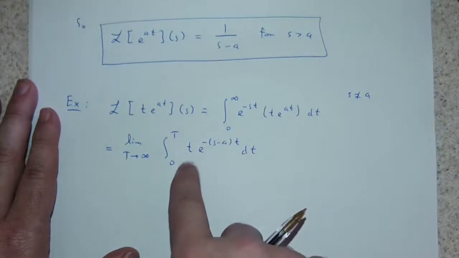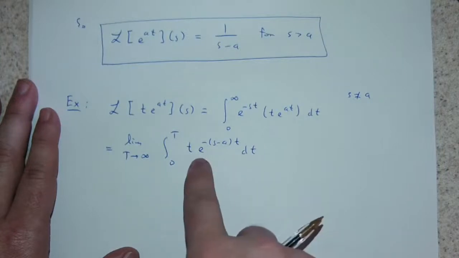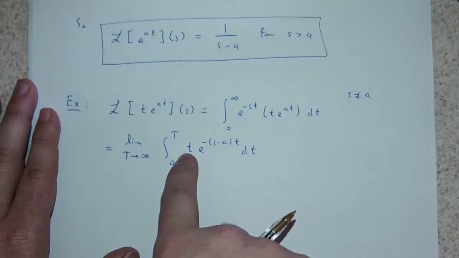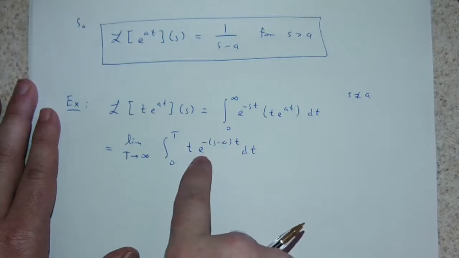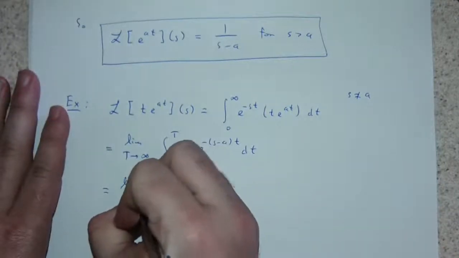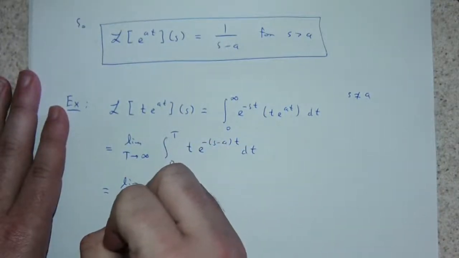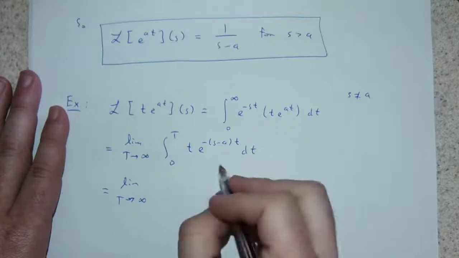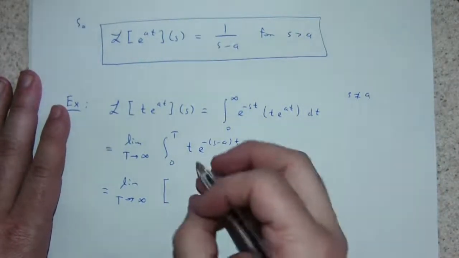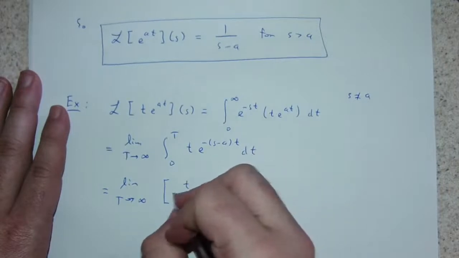So if I write this as uv minus the integral of v du, du is going to be just dt because u is t. And so what I'm going to get here is the limit as big T goes to infinity of uv, which is going to be t times minus 1 over s minus a. I'm going to write it like this.